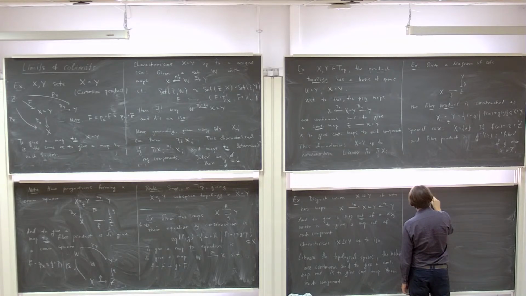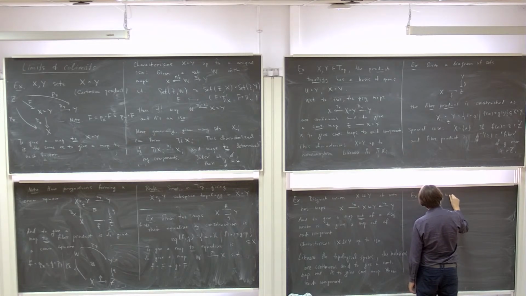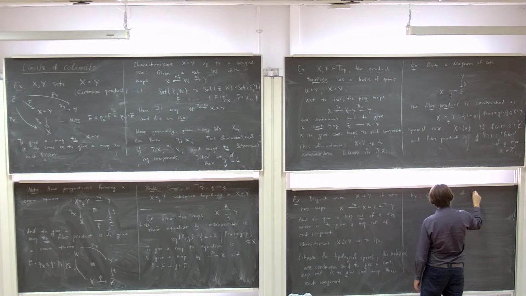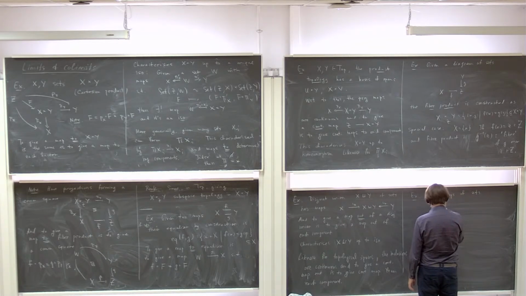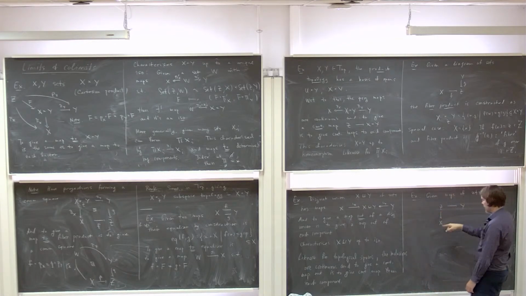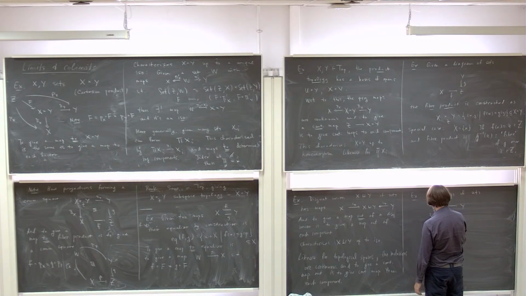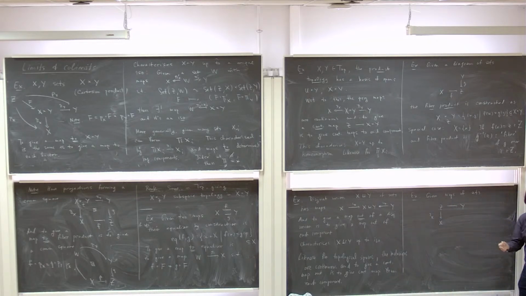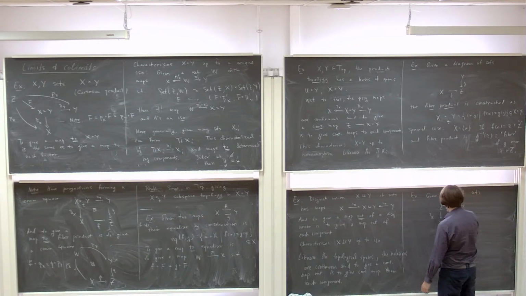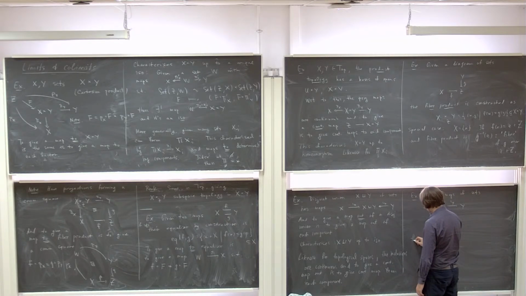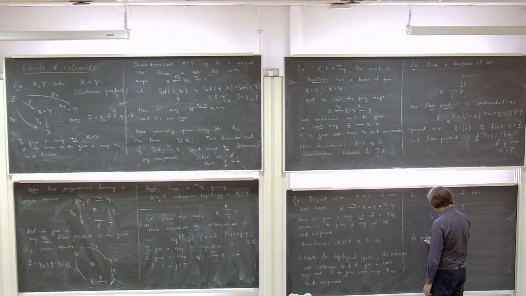So given maps of sets from Z to X and Y, I'm going to call these again I, but they're not necessarily inclusions, they're any maps. So given maps of sets like this, the pushout.